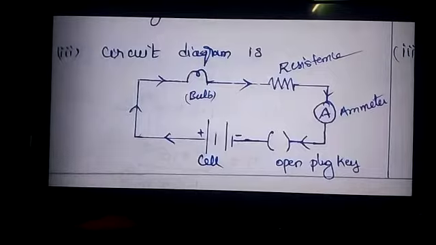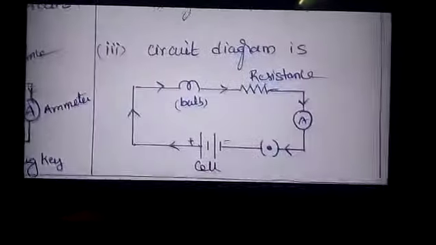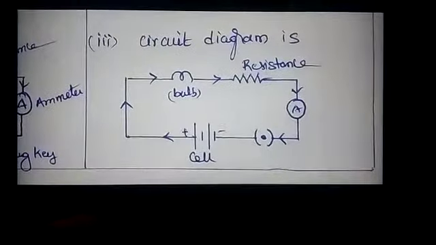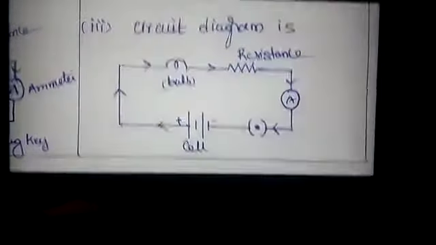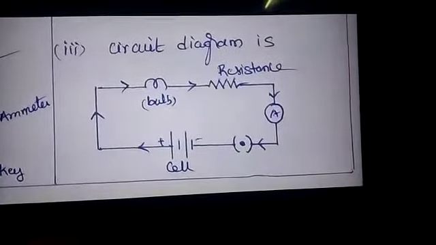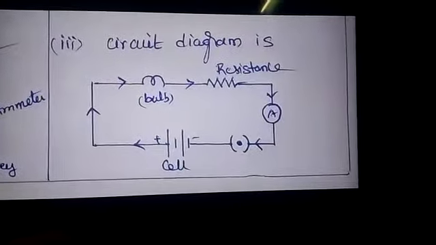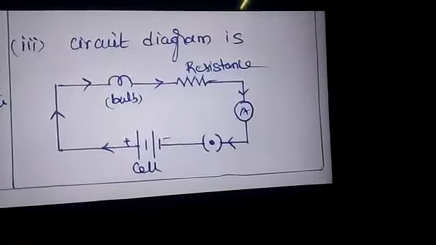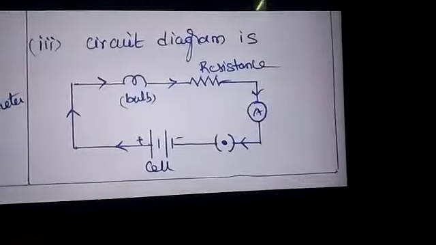Now see the closed circuit diagram. In the closed circuit diagram, we have the same bulb, resistance, ammeter and cell, but there is a dot in the brackets. The dot means the plug key is inserted. That's why it is a closed circuit diagram.